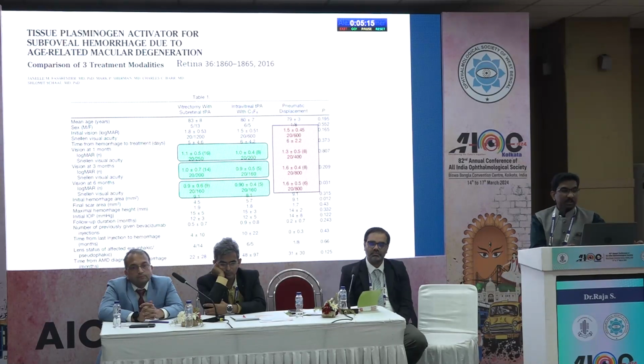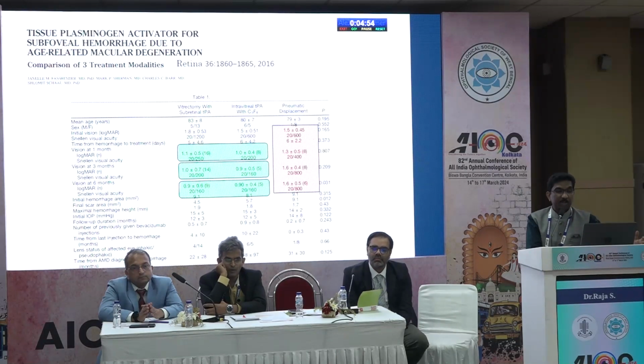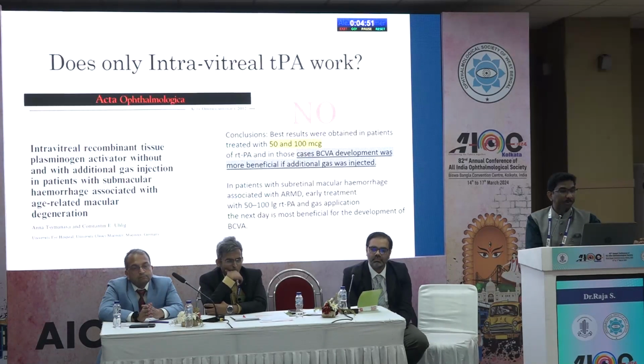What they found was that in both the intravitreal and the subretinal TPA groups, they had good improvement in vision, while the patients with only pneumatic did not improve. But the number of patients was small, I would say only around 9 patients in the pneumatic displacement group. But they said that the pneumatic-only displacement did not work well according to this report.